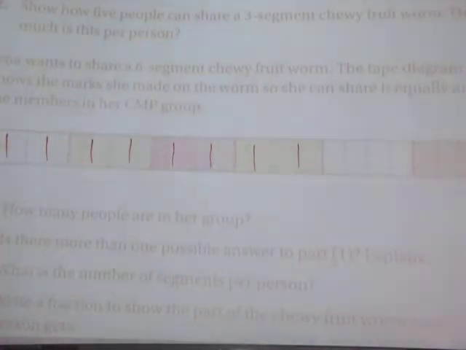So if I'm looking at this and I know that she has 6 whole segments that I broke into 4, what does that look like we just did? A1. A1 was a 6-segment gummy that we broke into 4s. How much did each person get?